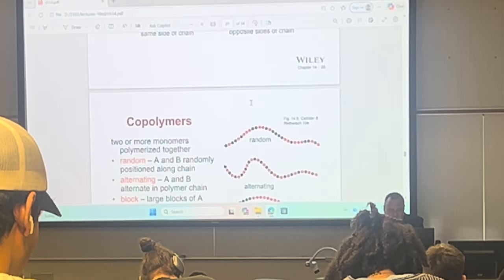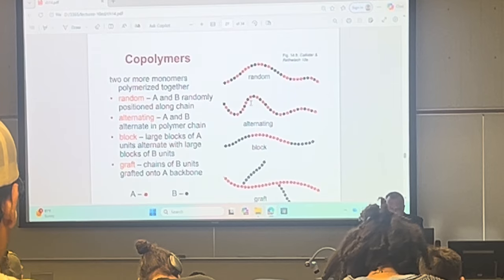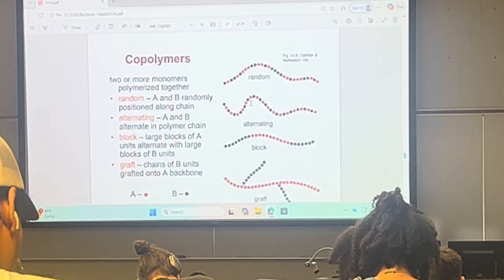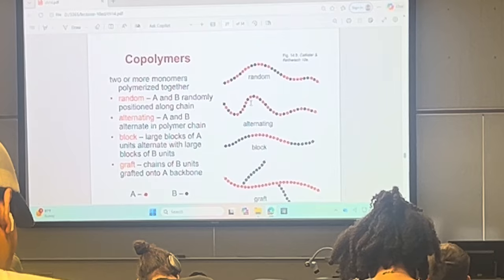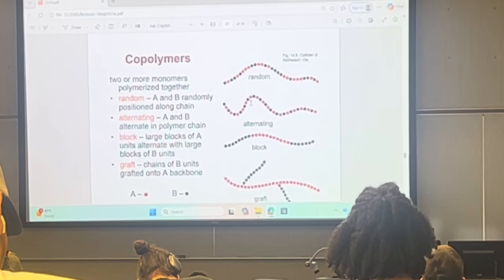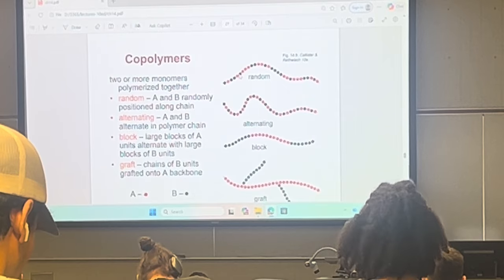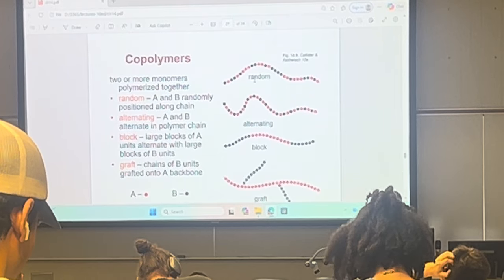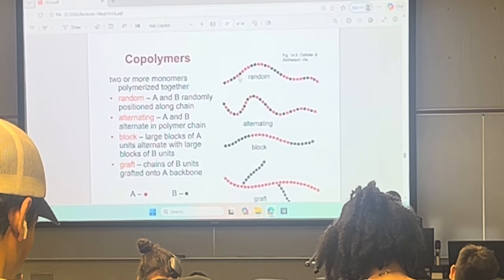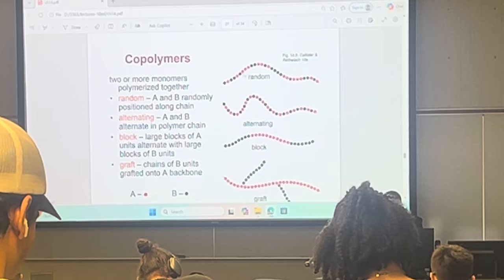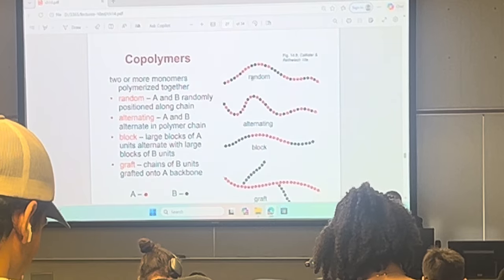Okay, copolymers. That's when there is more than one monomer polymerized together. Here you can see there's one chain and then there's another chain. In this case, it's random, so the A and B types, the red and the dark ones, are arranged randomly.